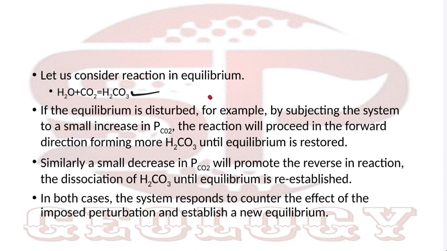If the equilibrium is disturbed, for example by a small increase in the partial pressure of carbon dioxide, the reaction will proceed in the forward direction, moving towards the product. Similarly, if there is a small decrease in PCO2, the reaction moves from product to reactant to establish the equilibrium.